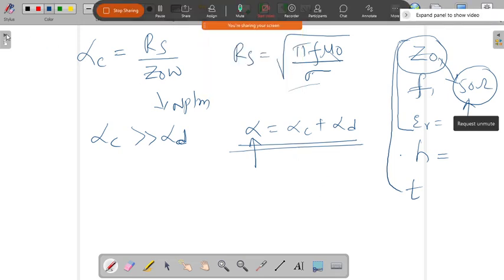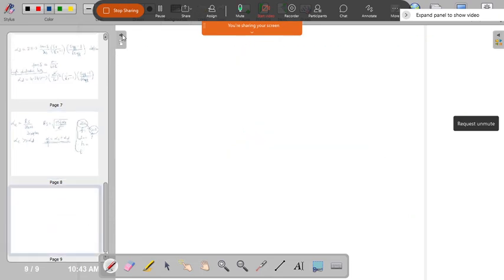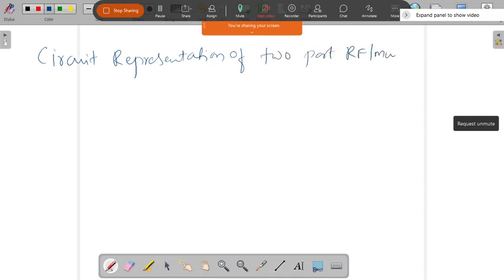That is the circuit representation of the two-port network. So why do we use these two-port networks? Any idea?